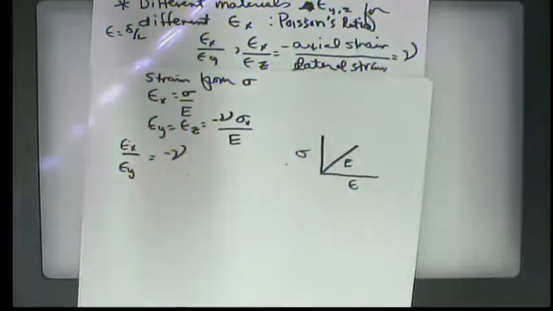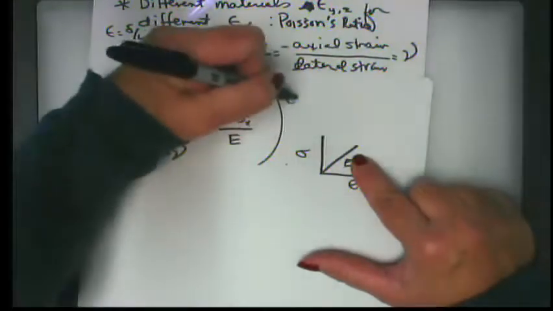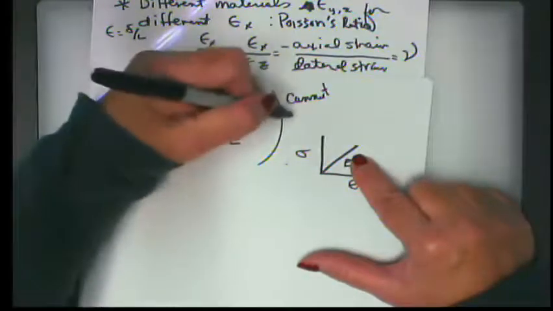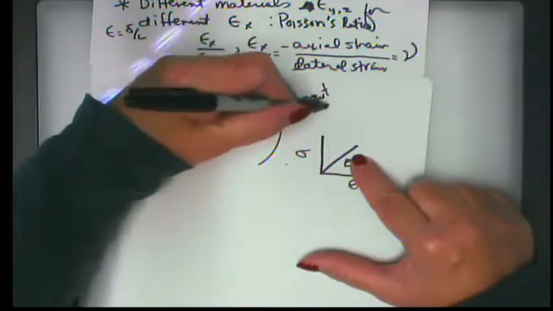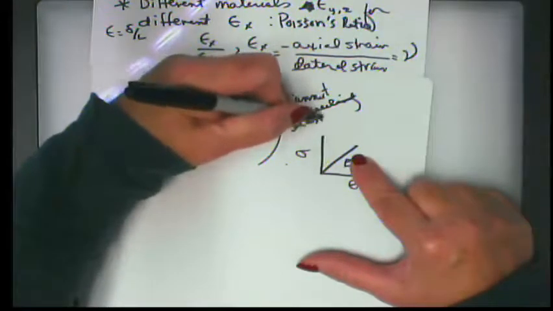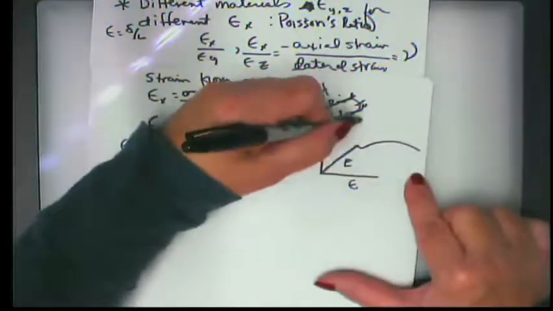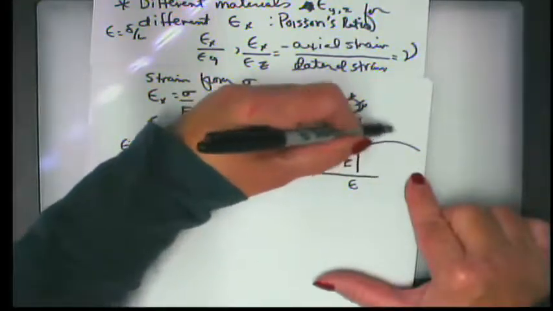Now, we're using the elastic equations here, so we have to be within the elastic region. Just like with all the other things, we are making an assumption that we're not exceeding the elastic limit of the material. In other words, once we yield or become plastic, these equations do not work.